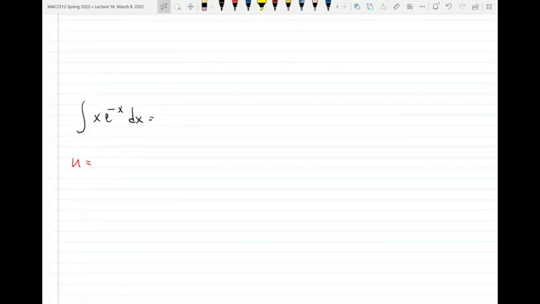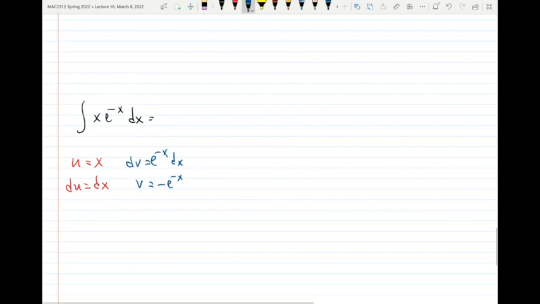So what's our u here? x. And dv? e to negative x dx. Okay, good. So then du is just dx, and v is negative e to negative x, right? So we do uv minus the integral of v du.